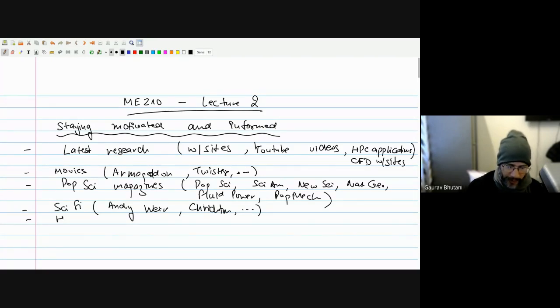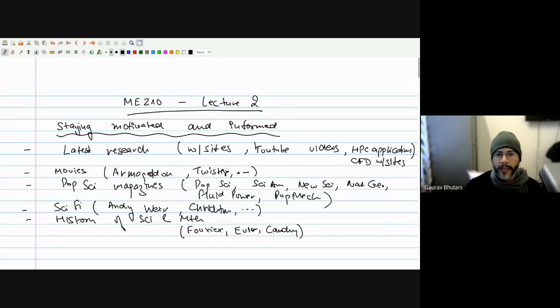History of science and maths is also very interesting. Okay, so many books are available. For example, in mathematics, if you read about Joseph Fourier, or Leonhard Euler, or Cauchy, all of them have contributed significantly to fluid mechanics.